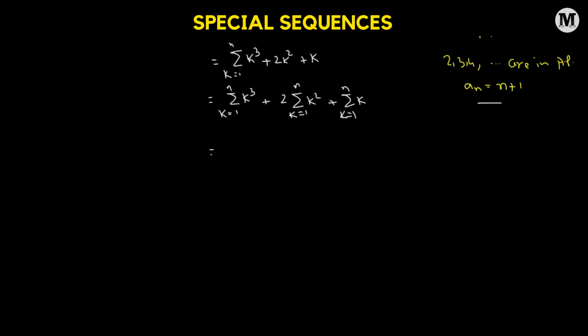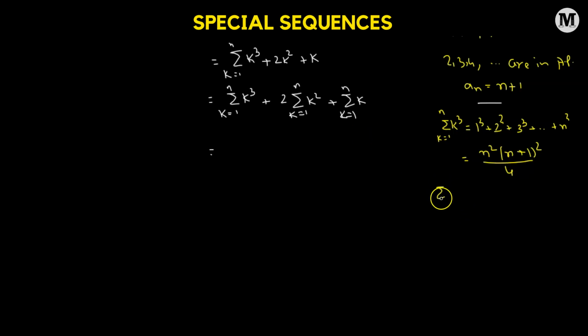Where k goes from 1 to n, this is simply the sum of the cubes of the first n natural numbers. So we have 1 cube plus 2 cube plus 3 cube all the way up to n cube. And this is given by n squared times n plus 1 whole squared divided by 4.